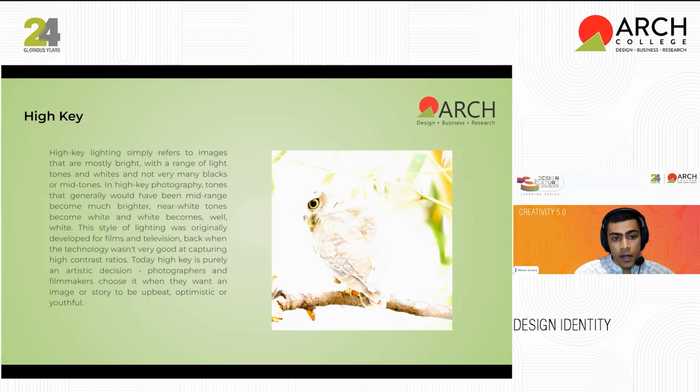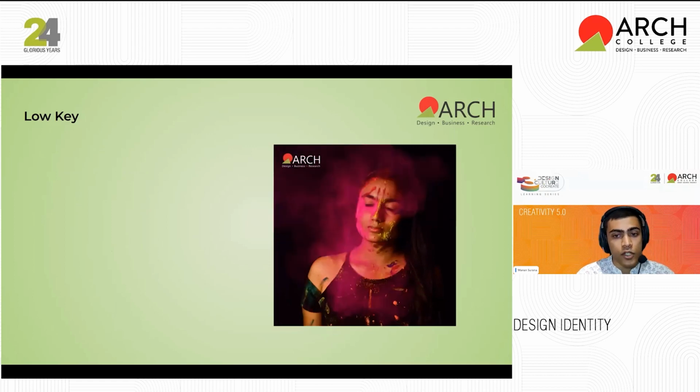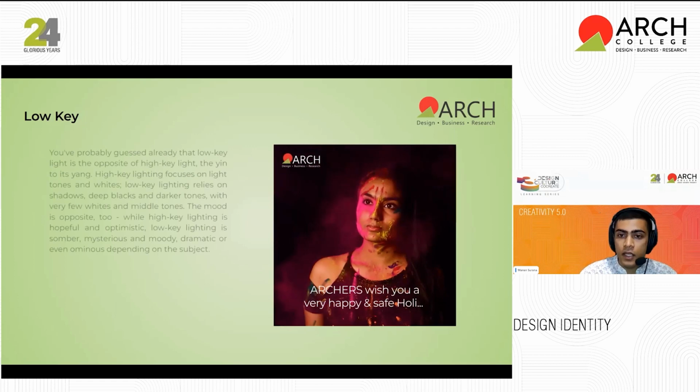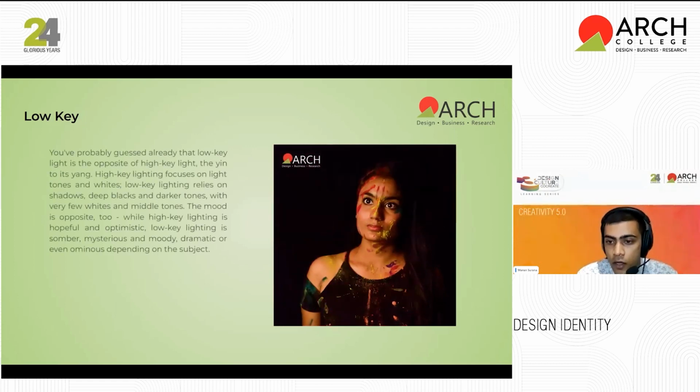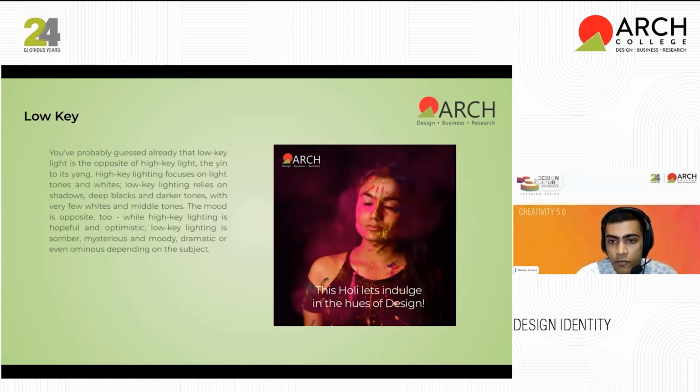High key is a mid-range to brighter range. It is mostly in the tones of white, and the vice versa is low key, which is upbeat or downbeat photograph, where we created a concept with one of our students from 2 years ago.